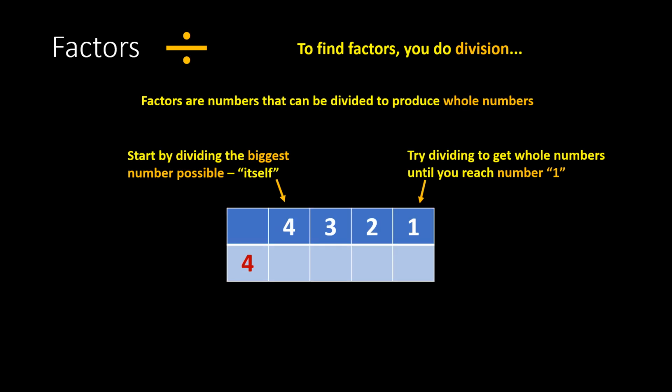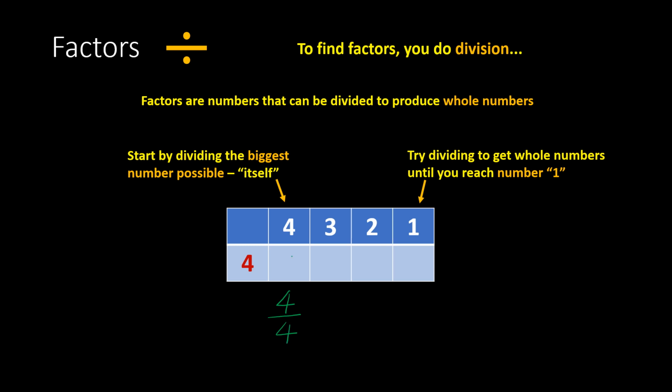Now let's learn about factors. Factors are the opposite of multiples. Instead of multiplying, you would be dividing. Here, we're looking for the factors of 4. And we start by dividing the biggest number possible. Since we're looking for the factors of 4, 4 would be the biggest number.